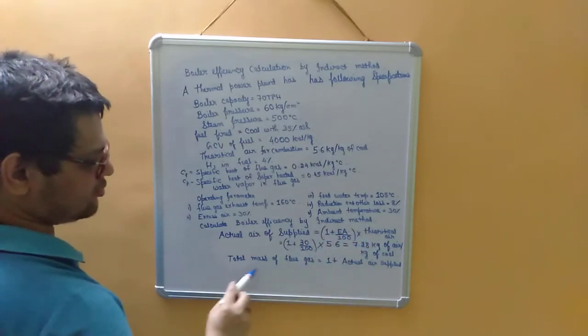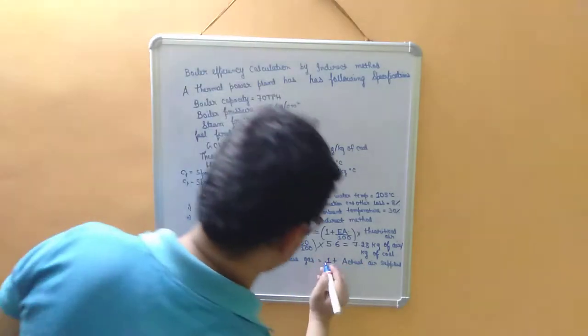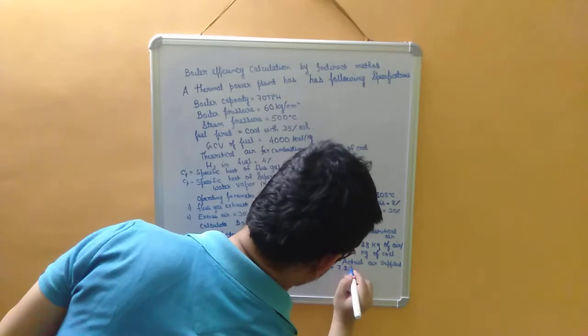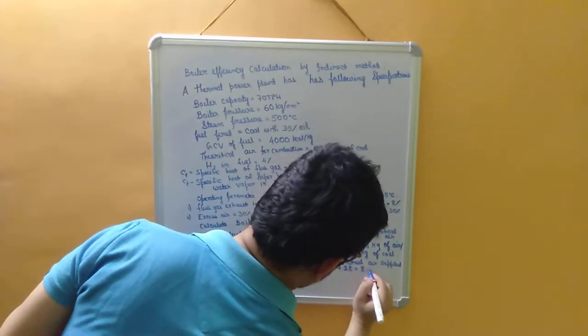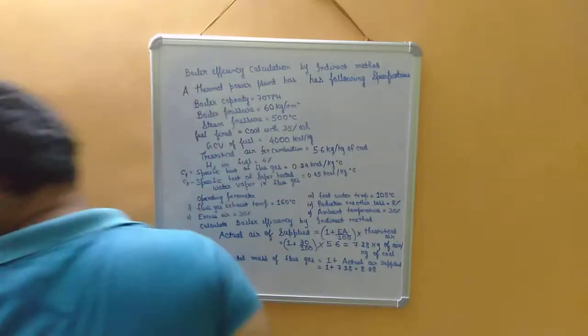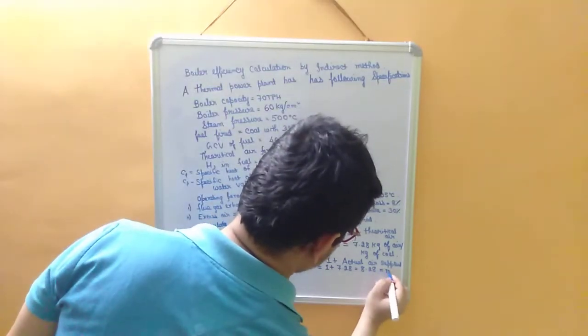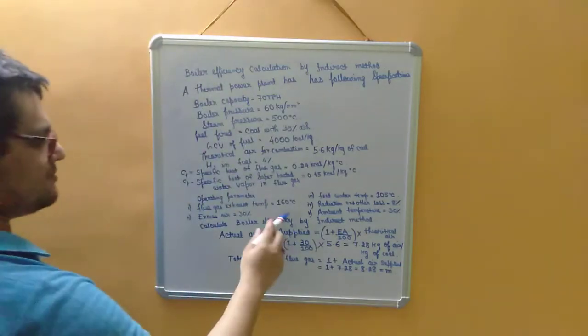So the total mass of flue gas is 1 plus 7.28, equal to 8.28. That is the mass we calculate. I hope up to this much it is clear.